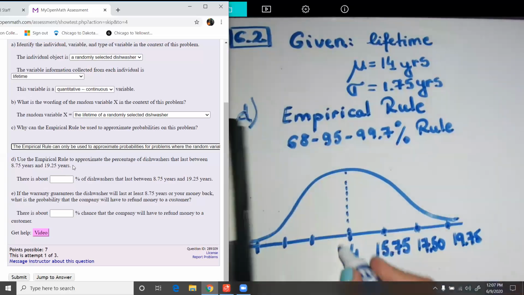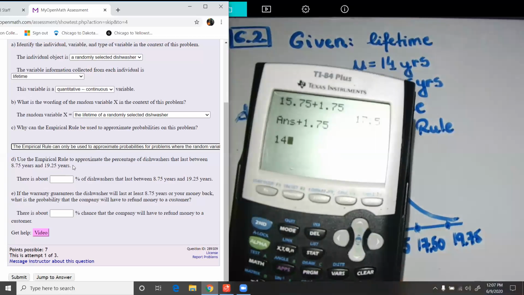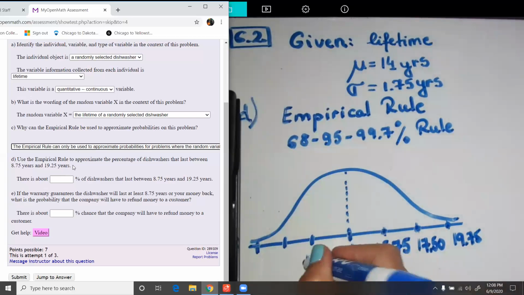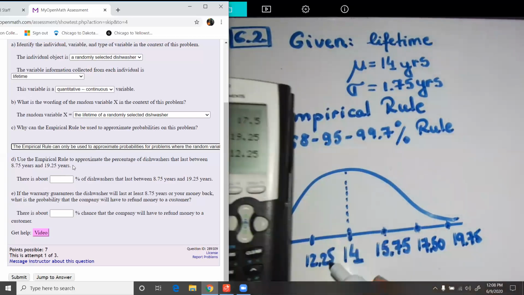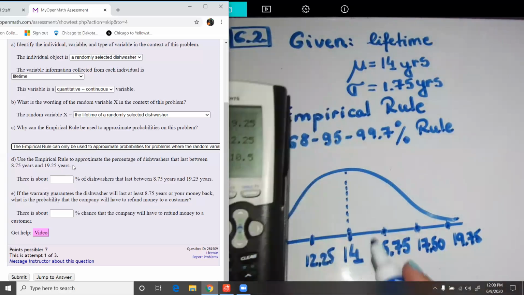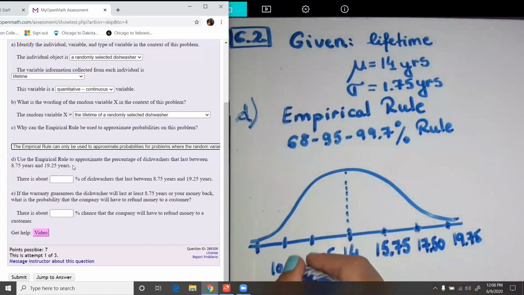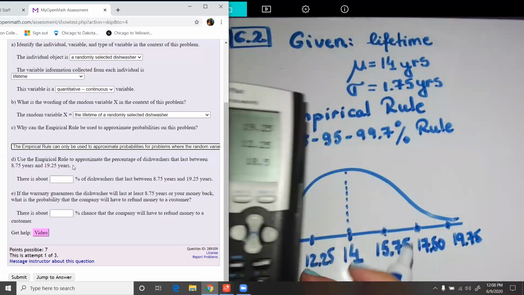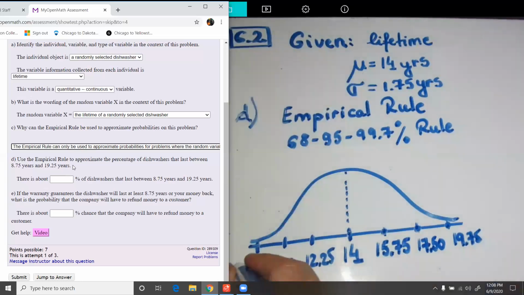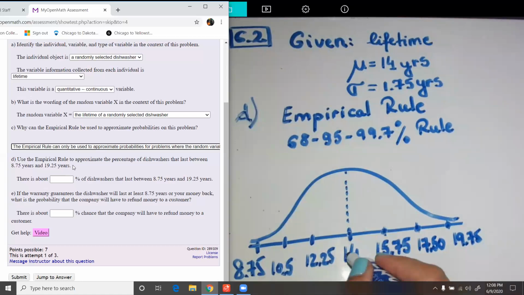If I move backwards, I'll simply subtract 1.75 from 14, and I get 12.25. This value is located 1 standard deviation below the mean. Keep subtracting 1.75. That gives me 10.5, which is 2 standard deviations from the mean. And subtracting one more time 1.75, I get 8.75. So these values are located 1, 2, and 3 standard deviations below and above the mean.